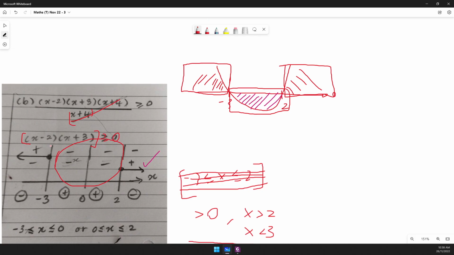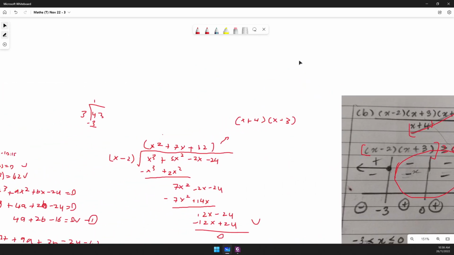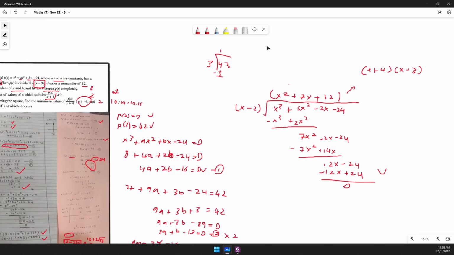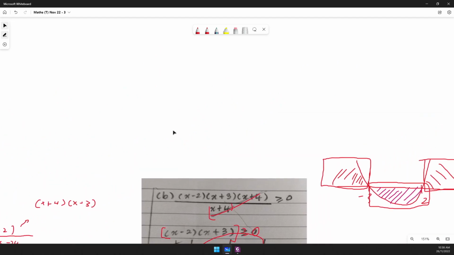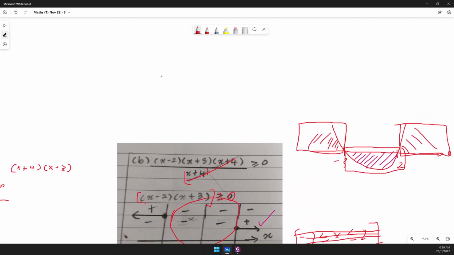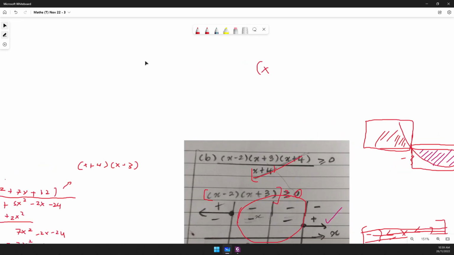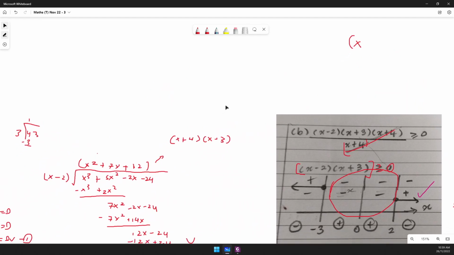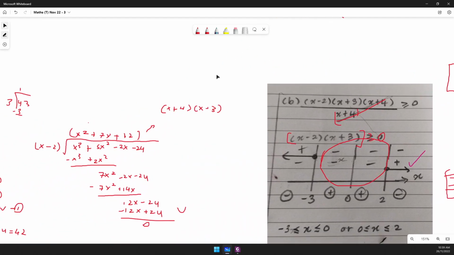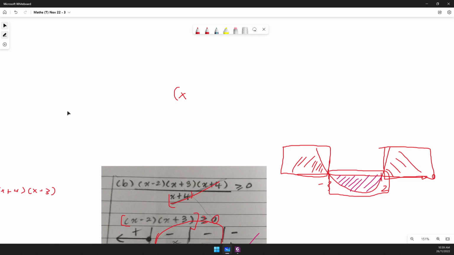Okay, let's try. Where's the equation? The equation is x squared minus the full equation, x plus 4. Okay, let's try the full equation. It's the first one: x minus 2, x plus 3, x plus 4.